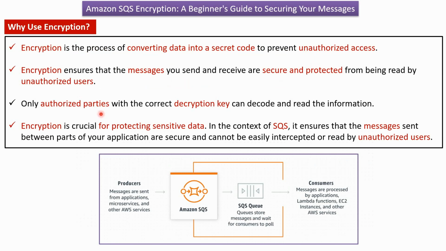Only authorized parties with the correct decryption key can decode and read the information. Encryption is crucial for protecting sensitive data. In the context of SQS, it ensures that messages sent between parts of your application are secure and cannot be easily intercepted or read by unauthorized users.